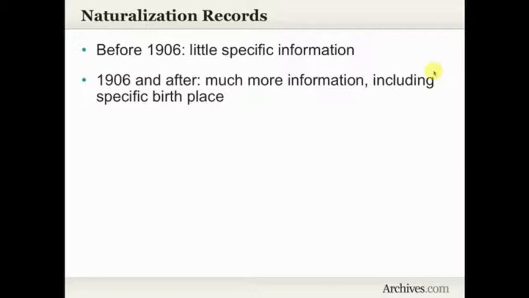So, to just sort of recap what we've covered, take a look in the census and make sure that you're following that ancestor all the way through all of the censuses, not only to see how the information for that ancestor changes, but also to pick up clues from all of the children so that you can plot the family's migration across the United States.